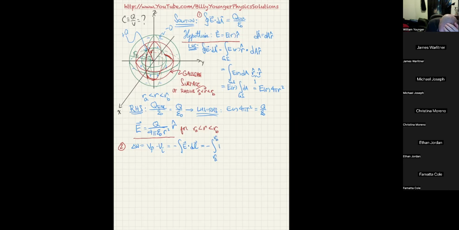My electric field is going to be Q over 4 pi epsilon naught R squared, just like we found earlier, R hat. And then my dL, I'm going to put parentheses around it because I need it to go in the negative R hat direction, and it'll look like subtraction if I don't put a parenthesis around it.